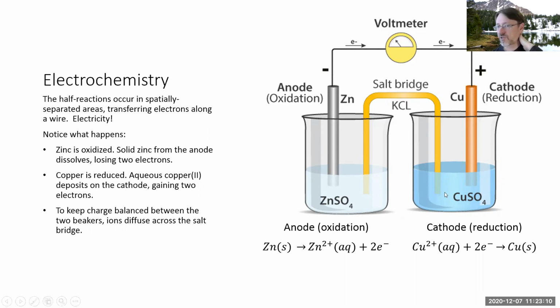And so we have to introduce this orangey thing here, which is called a salt bridge. And so what happens in this is that there are dissolved ions.